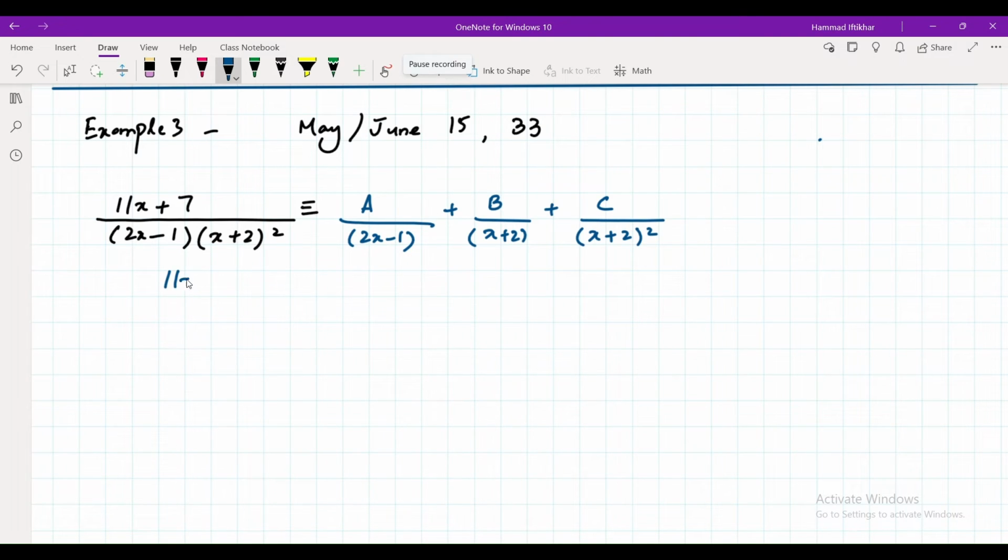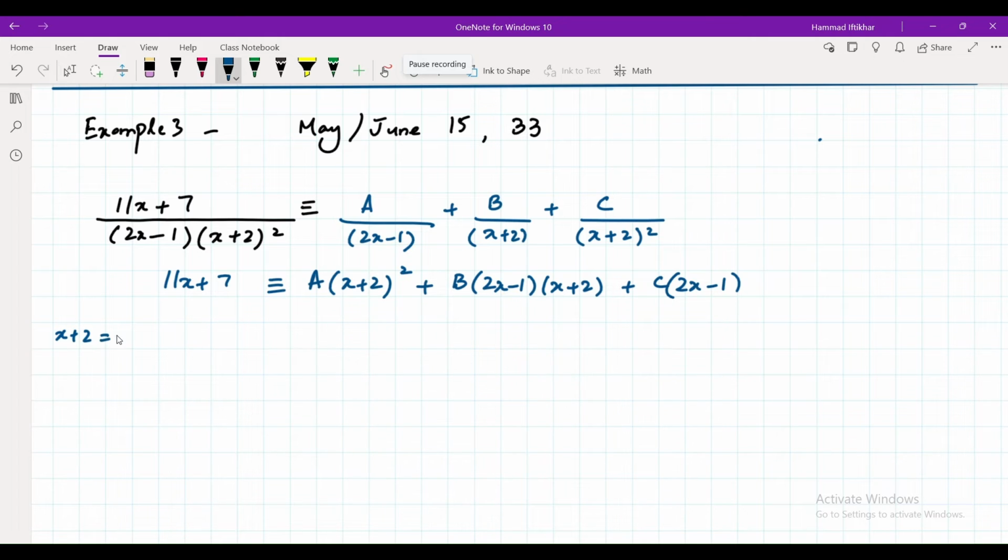But when we multiply on the right hand side, this would become A times x plus 2 whole squared plus B times 2x minus 1, x plus 2, and C would be only multiplied by 2x minus 1. Now, two of the values of x are very easy to spot. One could be minus 2, the other could be half. So let's see how we actually made that deduction.